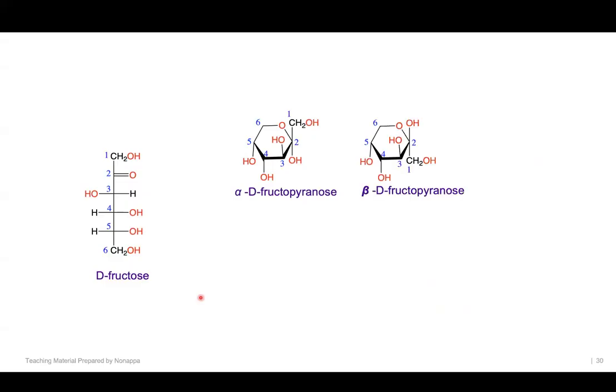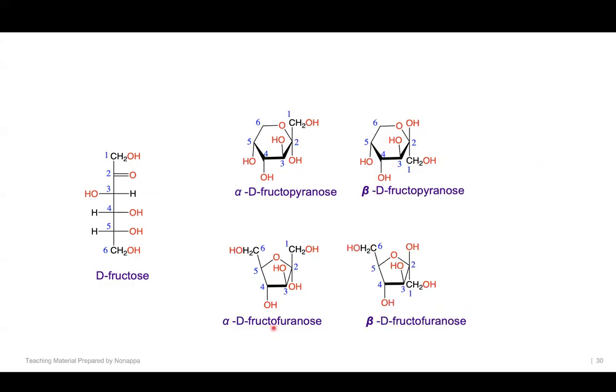So fructose can exist as furanose form. Remember this furanose, alpha and beta. So the alpha beta is based on the hydroxyl group position, not this functional group. And then we can also get pyranose form, alpha and beta pyranose. Open chain, alpha, beta, furanose, and pyranoses.